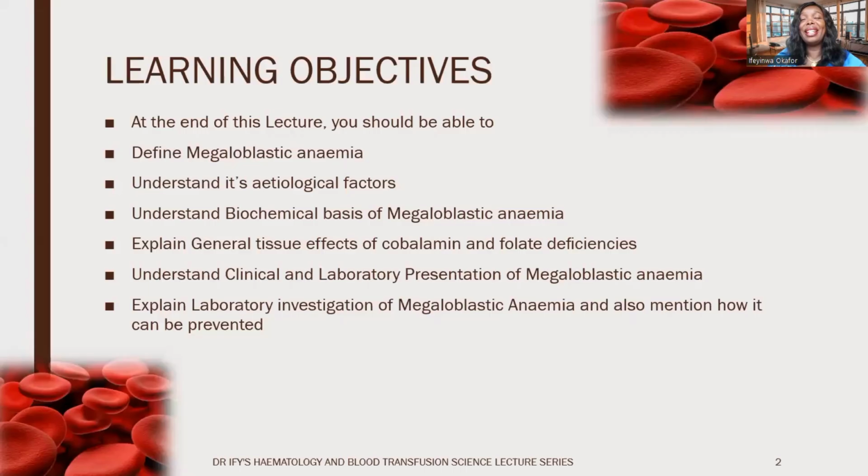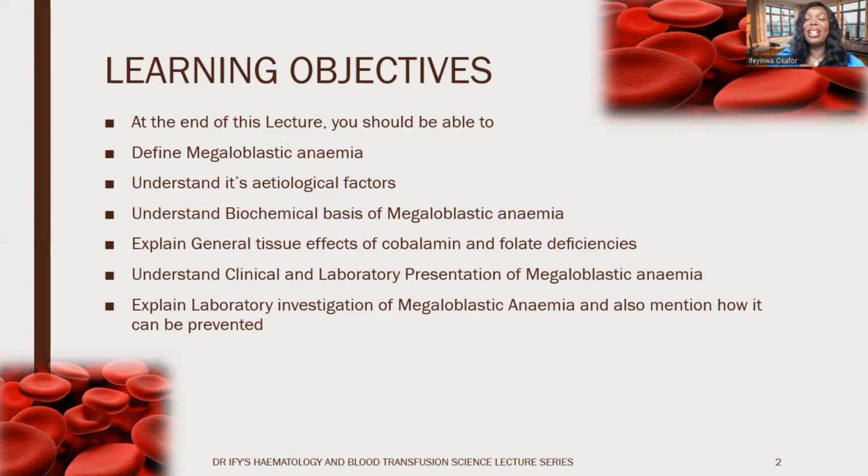It is expected that at the end of this class, you should be able to define megaloblastic anemia, have a good understanding of etiological factors that can cause megaloblastic anemia, understand the biochemical basis of megaloblastic anemia, explain general tissue effects of cobalamin and folate deficiency.